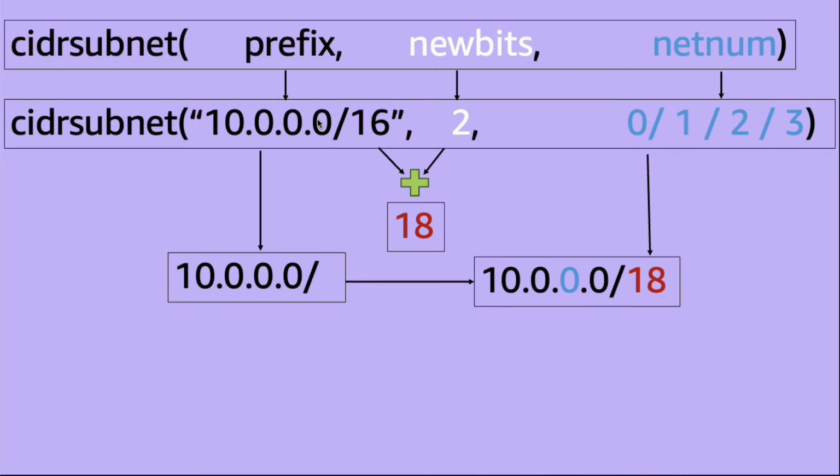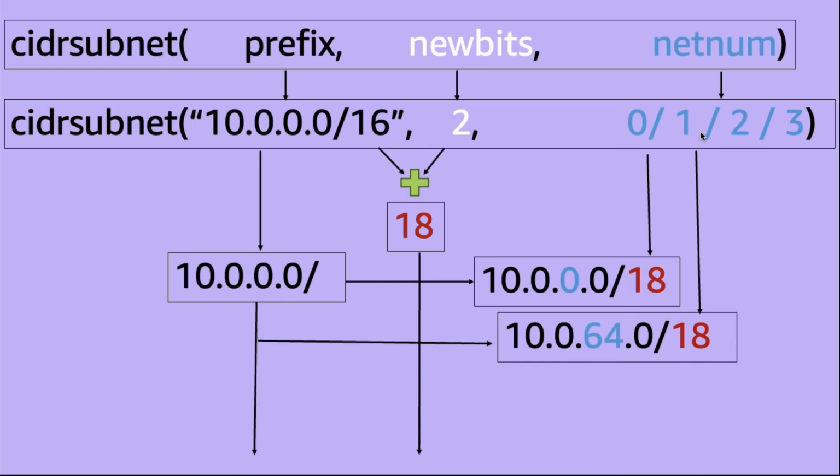If I want to create a subnet for the first index 0, I start from this base and create a subnet of size /18, which is 16,000 IPs. For the second index 1, we calculate the next subnet, which starts from 64.0. So the second subnet in the VPC starts from 64.0/18.